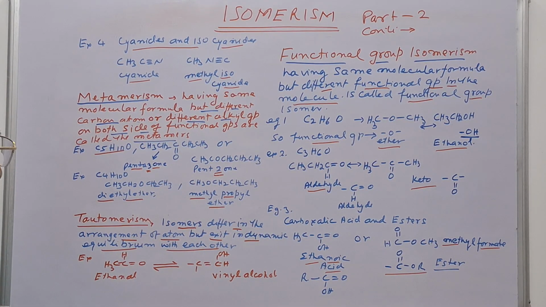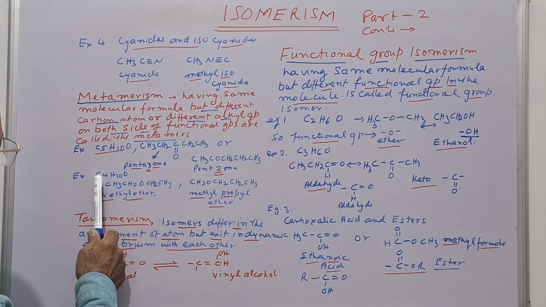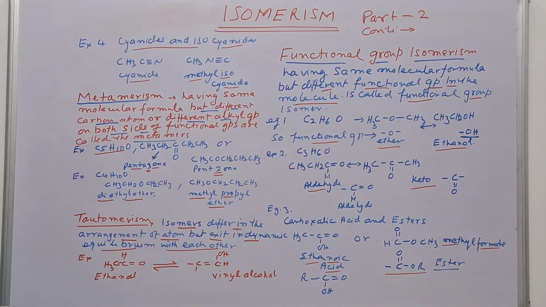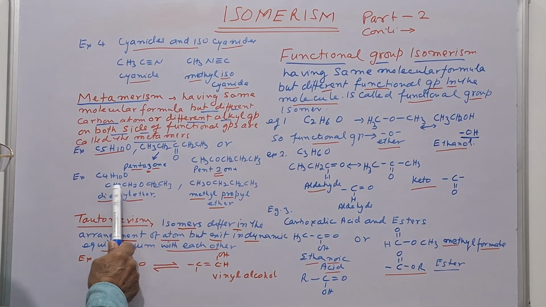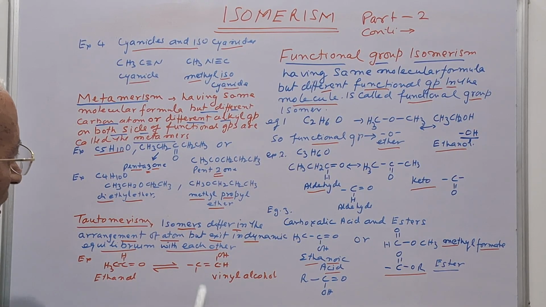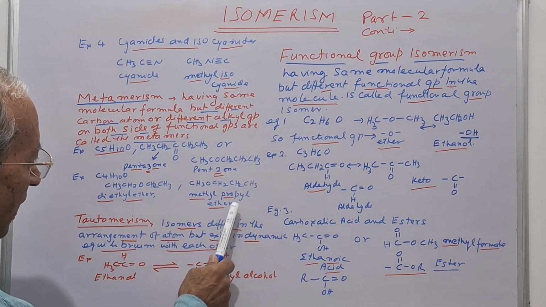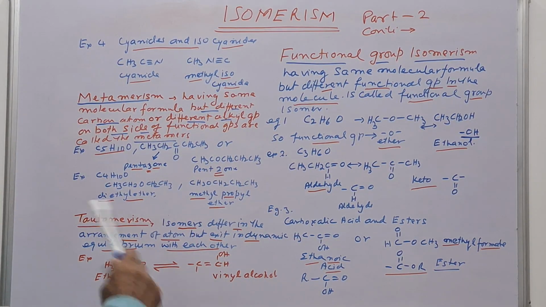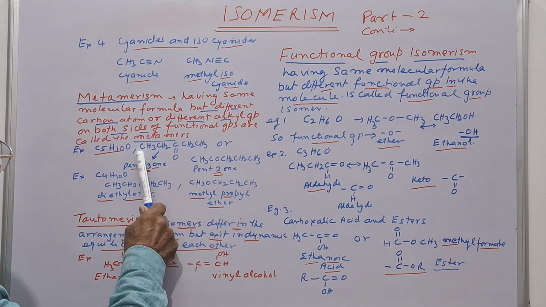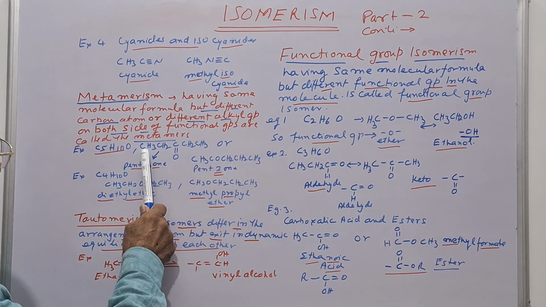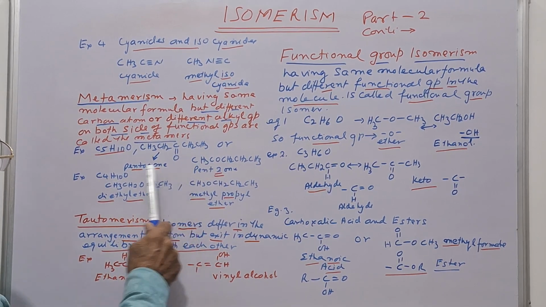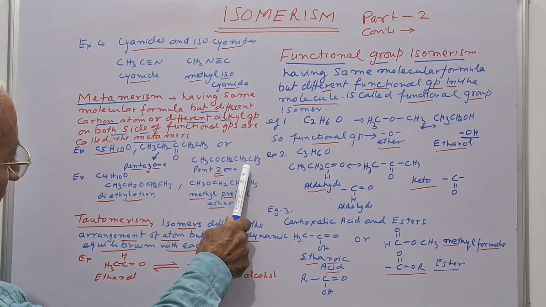And we take another example, C4H10O, it may form the diethyl ether or the methyl propyl ether. So in this case, both sides of the functional group have different carbon atoms in the first case and in the second case.